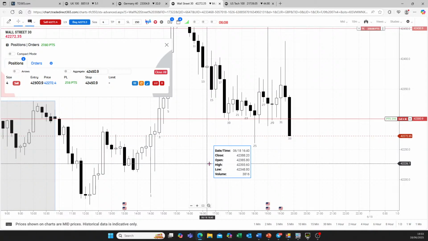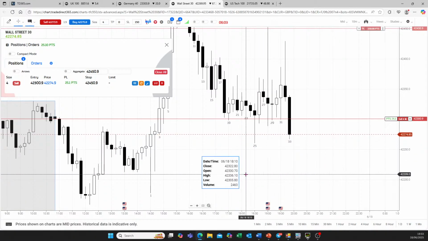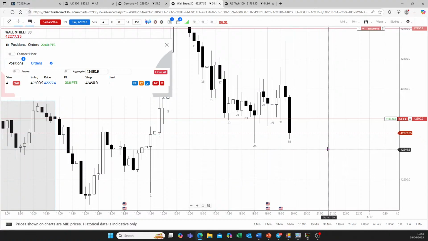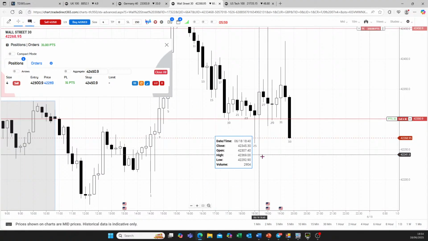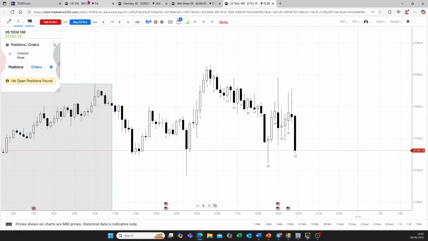Okay. Trend is accelerating now. 25 low next, I guess. Nasdaq coming off as well.